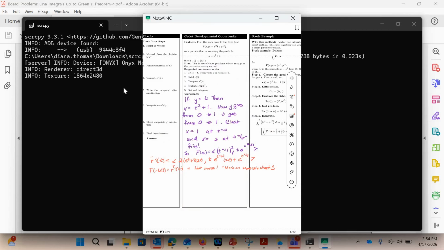So since y goes from 0 to 1, then t goes from 0 to 1. Then I just check that the x coordinate goes through the right places. At t equals 0, if I plug it in, I get x equals 1, which is where it starts. And at t equals 1, I get x equals 2. So I'm using these points right here.